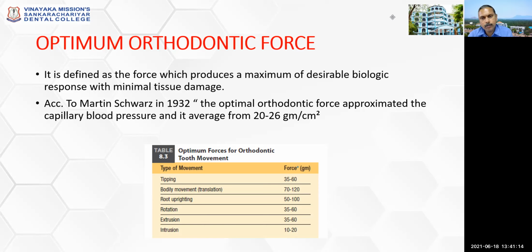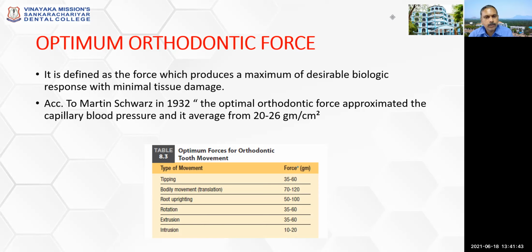Why? When you move an object bodily, the resistance is more, whereas when you move an object only at one point, the resistance is less. So when the body is moved bodily, it requires more force. That is why the force increases to a range between 70 to 120 grams.